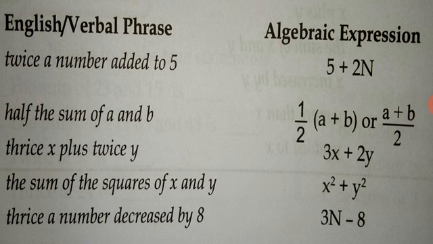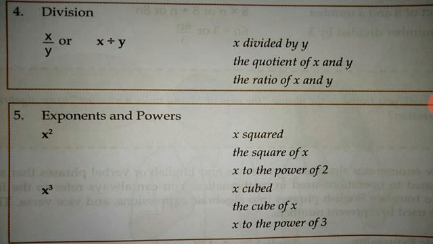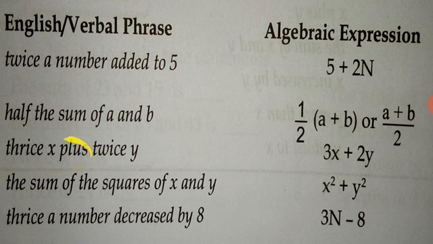Next is thrice x plus twice y. Thrice x means 3 times x, so 3x, plus denotes addition, twice y, 2y. The sum of the squares of x and y means that you will square x and y.